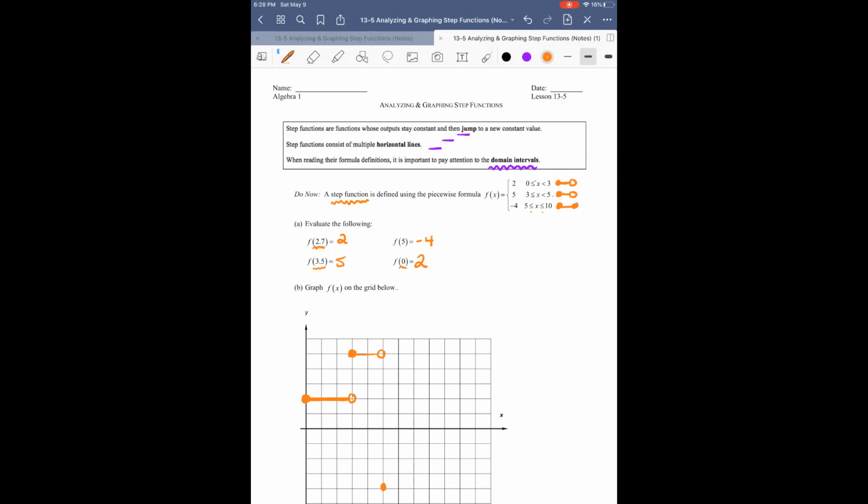So I'm going to continue with a straight line until we get to 10. I'm going to have another closed circle. Okay, so this is the graph of f of x. Each part of my graph is a horizontal straight line and resembles some sort of step.